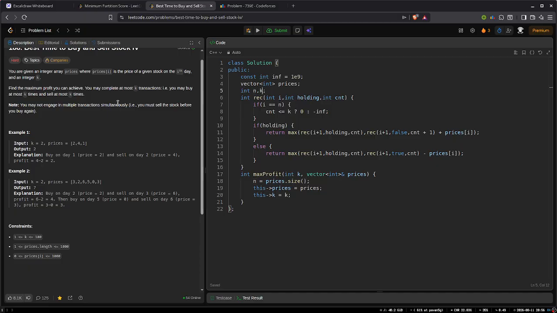We need k also, by the way. Zero, and initially I am not holding any stock, and initially the count of transactions is 0.